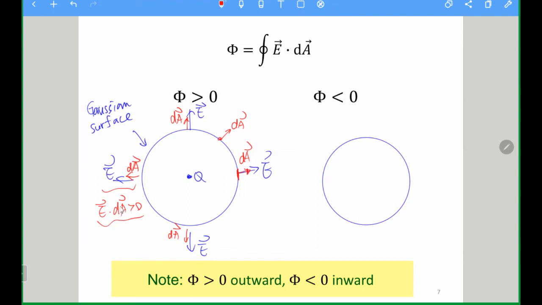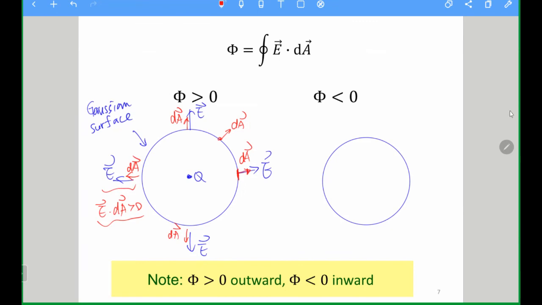Usually when we use Gauss law, we try to find some symmetry which makes almost all the d phi the same value, so that we don't need to calculate anything. But generally speaking, when you define an arbitrary Gaussian surface, not all the d phi are necessarily positive or all negative. Some of them cancel out, to see whether the net flux is positive or negative.